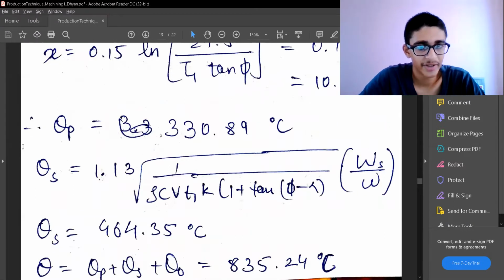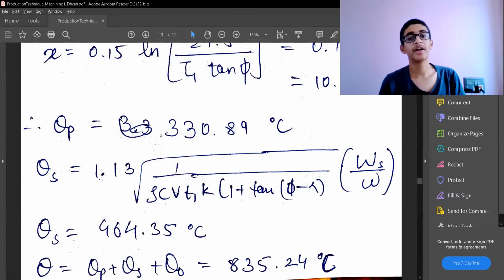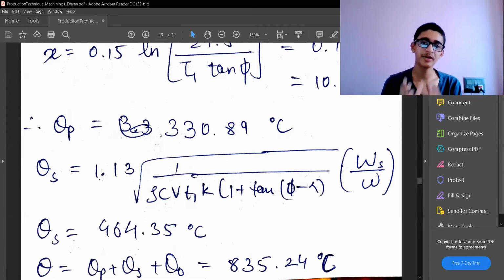Now we can get the value of theta S also. We have all the values already found. So I can get the value of theta S, that is the temperature rise in the secondary zone. Theta P was the temperature rise in the primary zone. So the total temperature rise is given by this value, that is 835. This is a very large value. But since it is going to be in a very small region, this temperature rise is not going to indicate a very huge amount of heat.